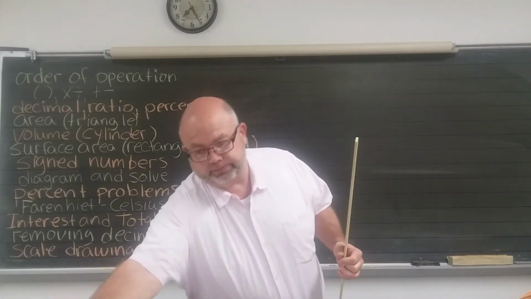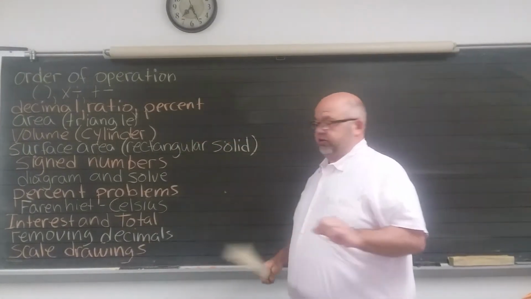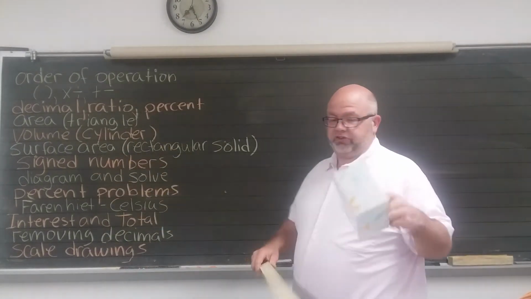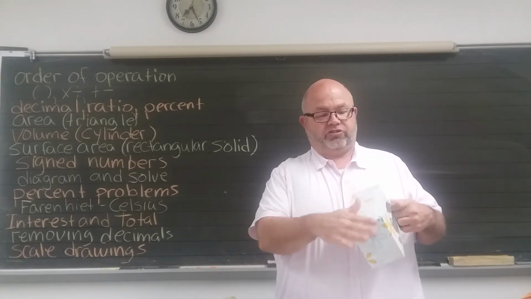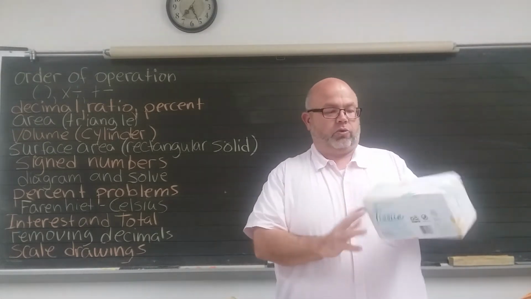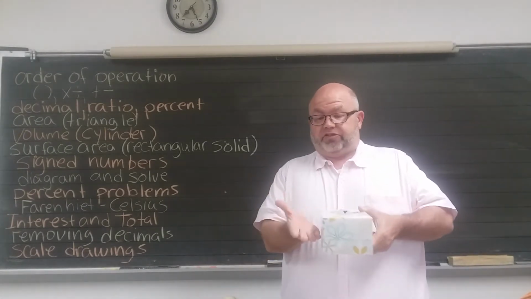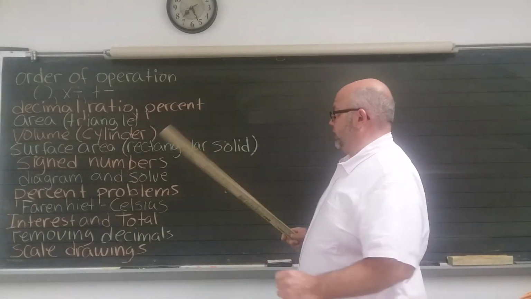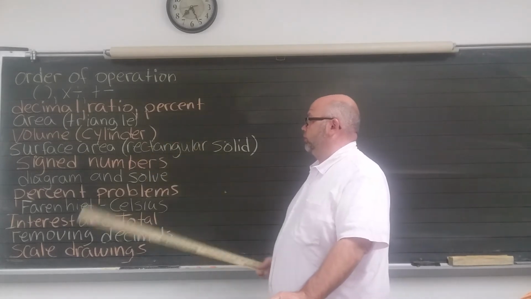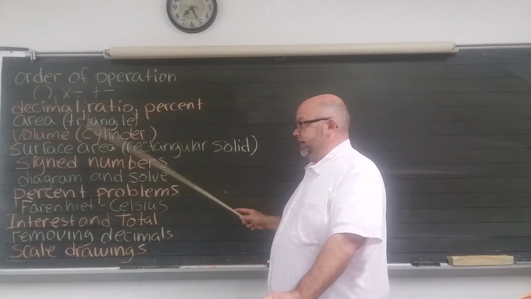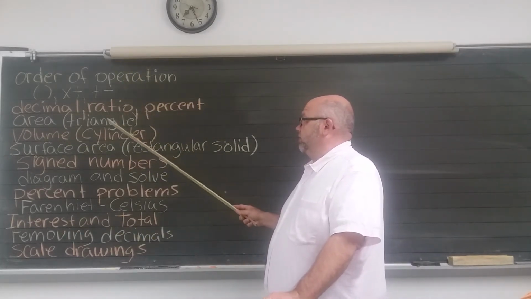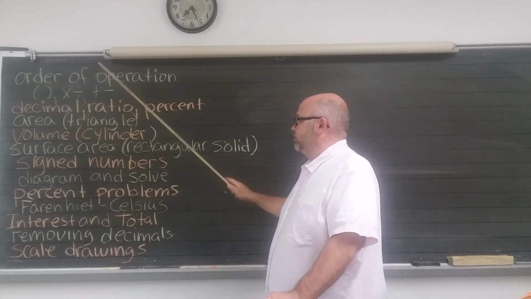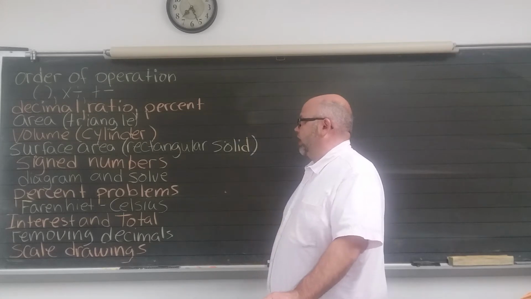Volume of a cylinder and the surface area of a rectangular solid. Surface area, that's how many inches squared or feet squared or whatever are on the outside. Not the volume, not how much it holds, but surface area. So those are the three that you're going to have to do. You won't have to do any others as far as area, volume, surface area. Area of a triangle, volume of a cylinder, surface area of a rectangular solid.